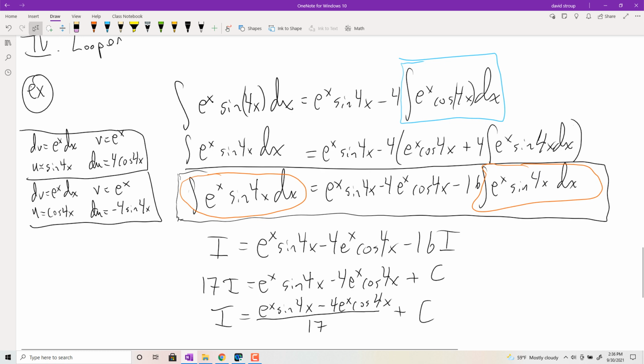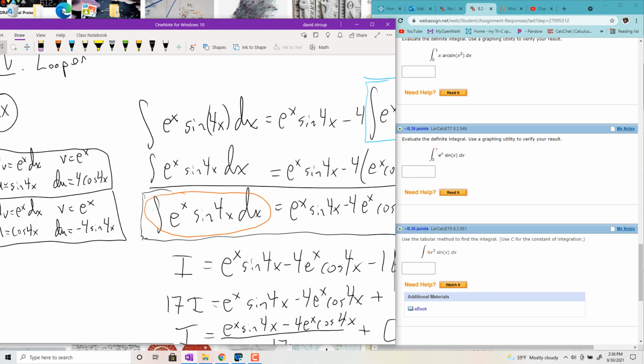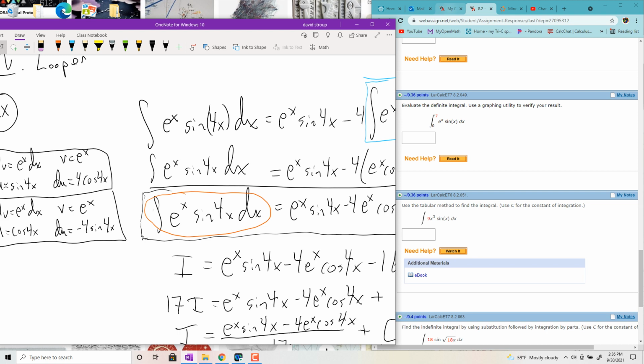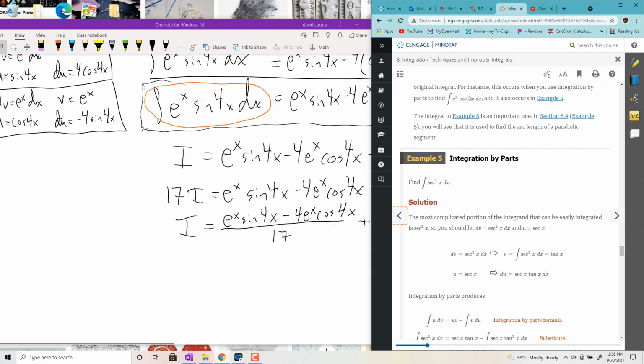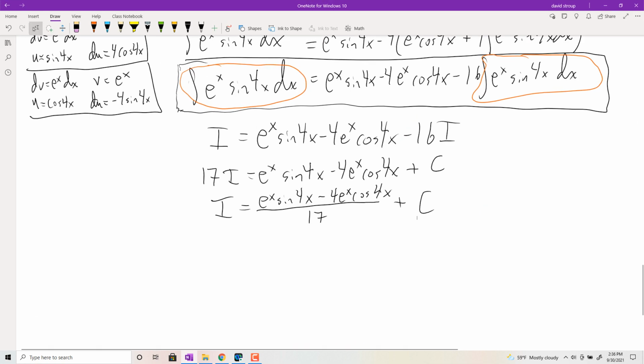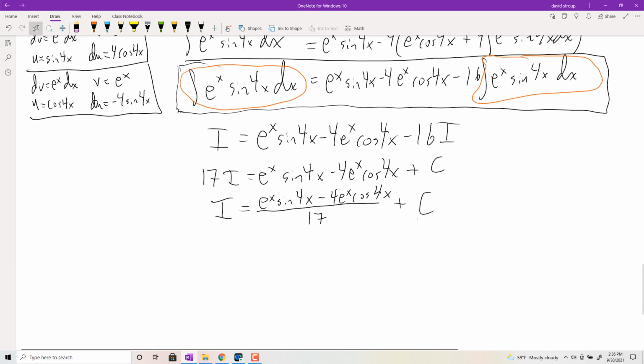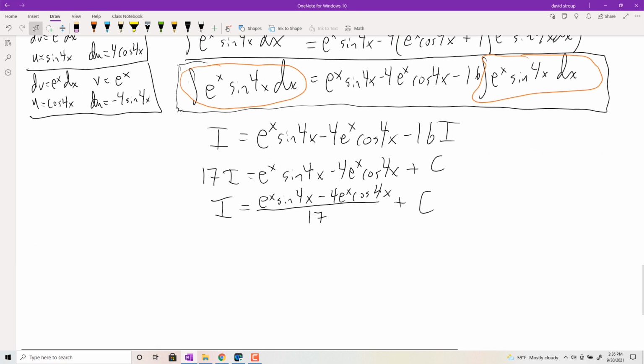Okay. Let's look at that one in the book, which is kind of a nightmare. The secant cubed problem. Let's see if I can remember how to do it. So this will be the last problem. We'll make this the video quiz. And what example is it?